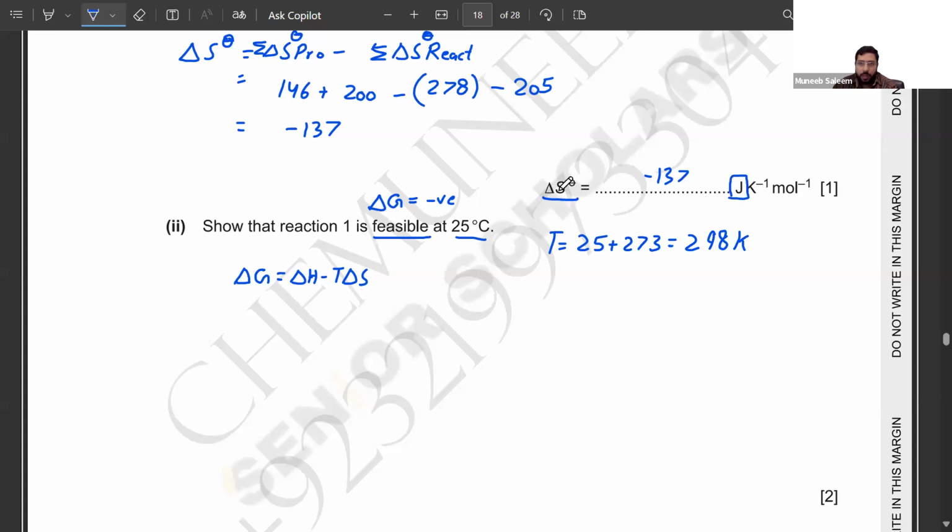We have to convert joules into kilojoules, because delta G and delta H are both given in kilojoules. For this purpose, minus 137 will be divided by 1000, which gives minus 0.137 kilojoule.